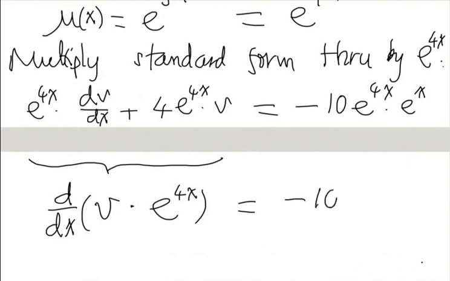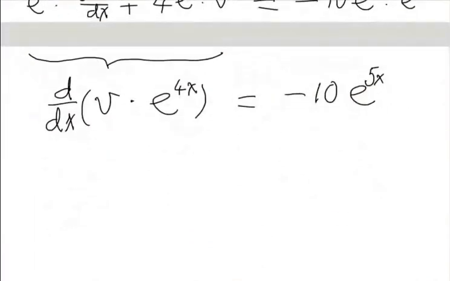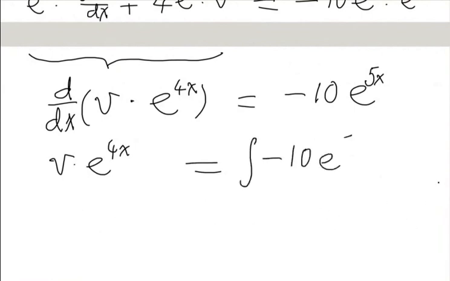On the right hand side, we combine the two, e to the 4x and e to the x becomes e to the 5x using the rules of exponentials. Now integrate: v e to the 4x equals the integral of minus 10 e to the 5x dx.